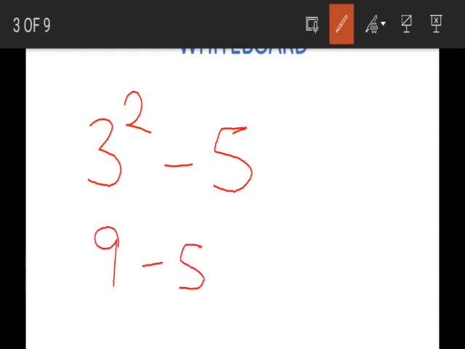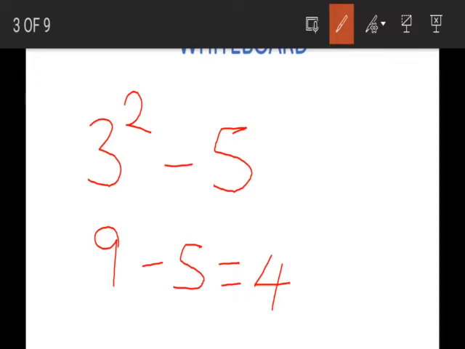We have 3 square minus the 5, which is at the base of Y. And 3 square is 3 times 3, which is 9, minus 5. And 9 minus 5 is equal to 4.